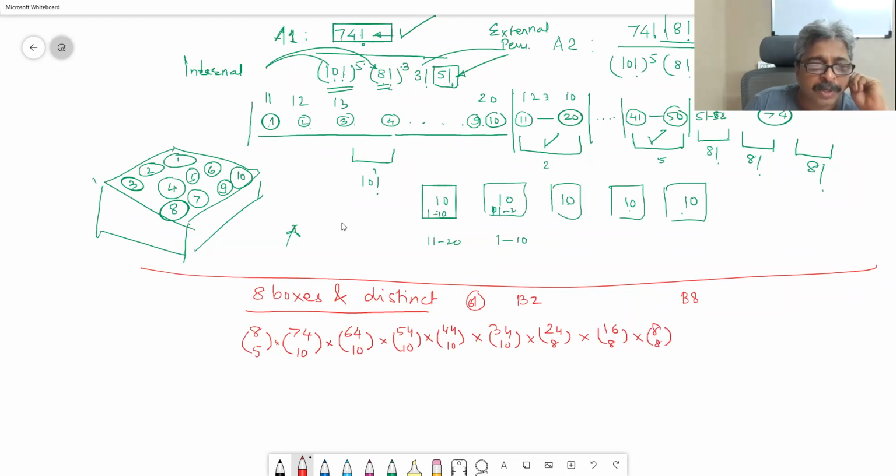If we write, this is the answer for the second problem. We are considering distinct boxes.